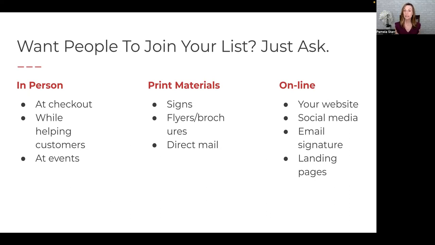If you're helping customers who aren't buying something from you at that time, but they came in and asked you a question about your products or services, give them the opportunity to hear from you on a regular basis. If you do face-to-face events, that's another great opportunity to encourage people to sign up for your email or your text list.